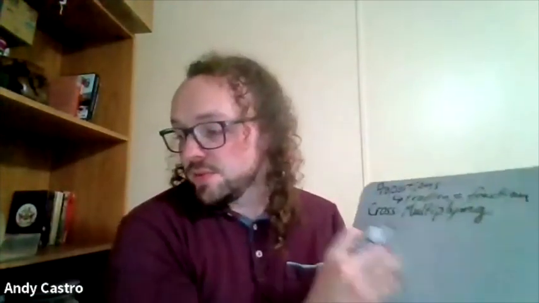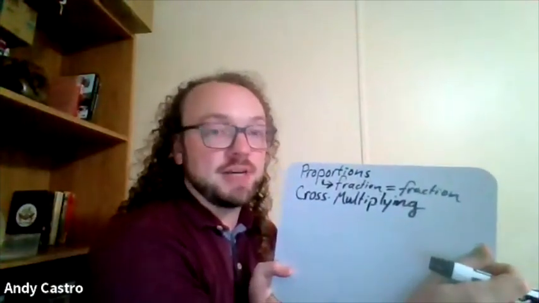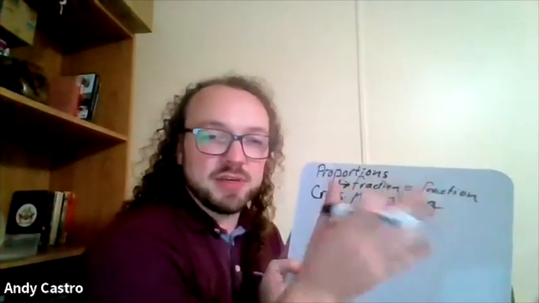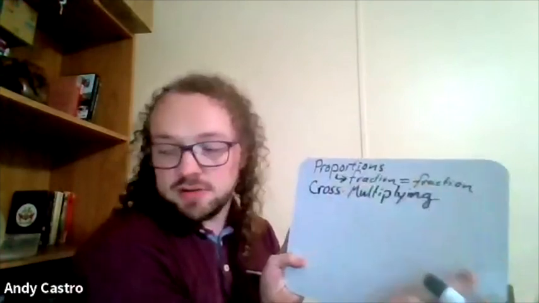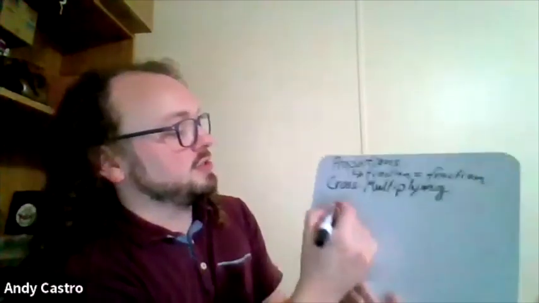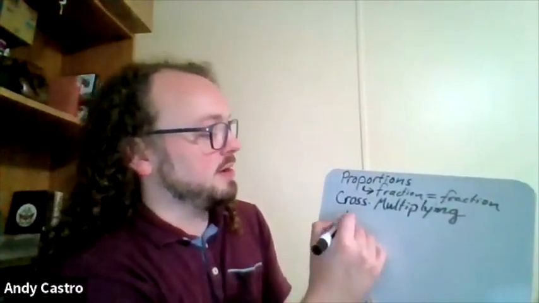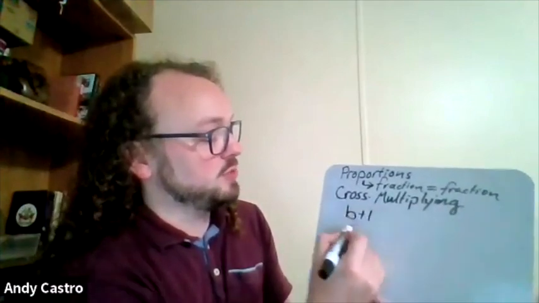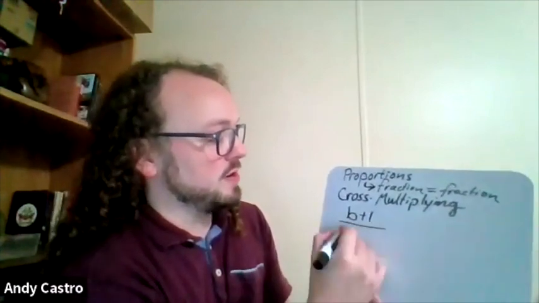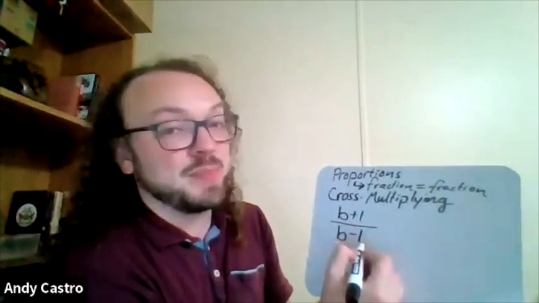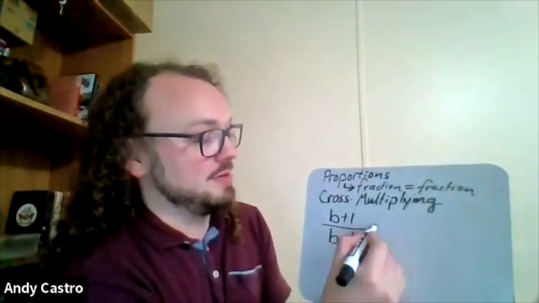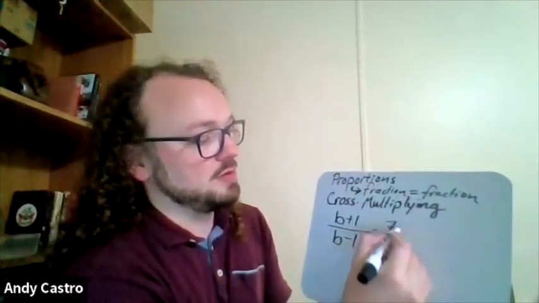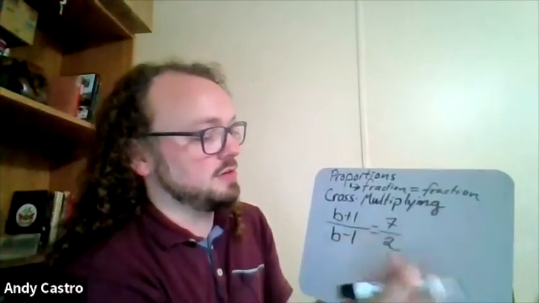The most complex problems that we're going to have are where we're going to have 2 variables. Right? The variables are going to be in 2 different parts of the equation. So let's start with b plus 1 over b minus 1 is, we'll go 7 over 2.